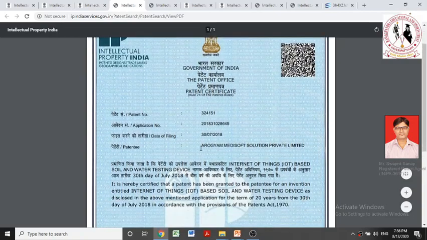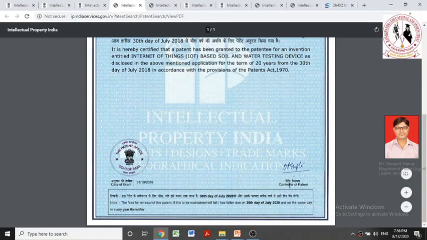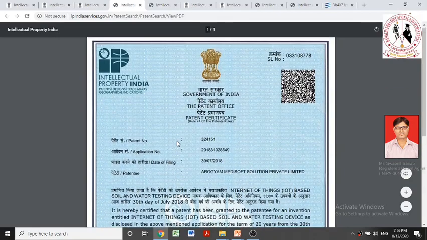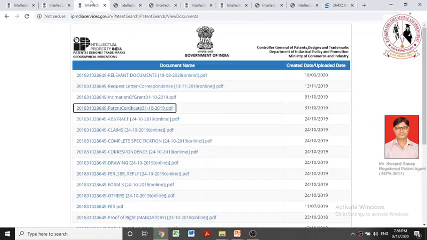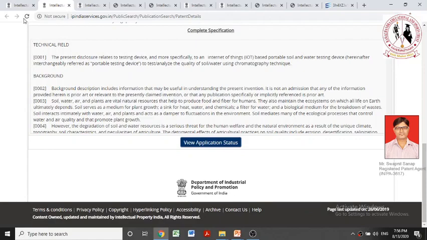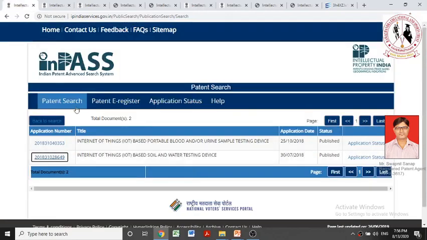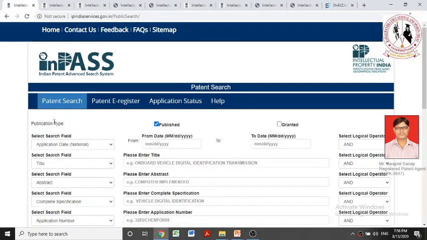Right here, it will be the name of the company for whom this patent must have been filed, and this is the controller of patent, the signature, the stamp of the government, and all those seals. And this is the patent number. This is the patent application number on which they have filed the patent, and this is the date of filing of the application.